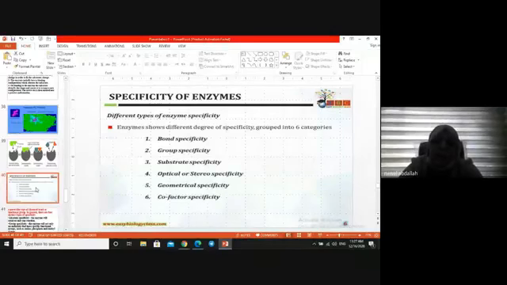Enzymes show different degrees of specificity, grouped into 6 categories.